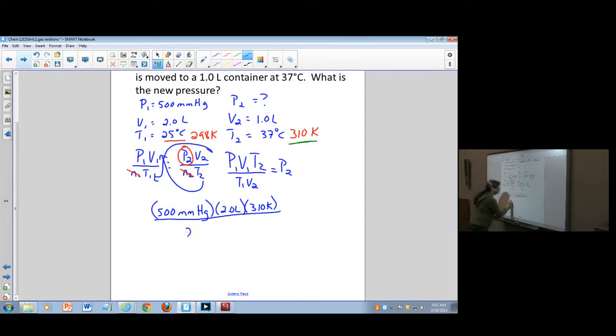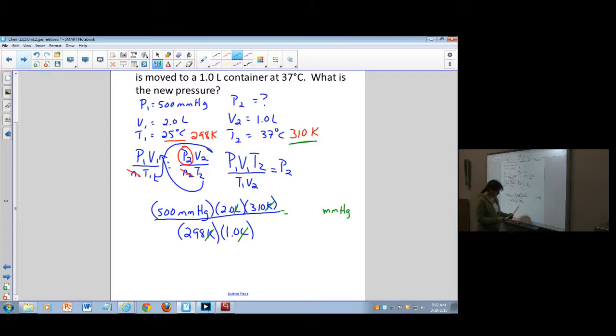T1 is 298 Kelvin. And V2, which is 1 liter. Now let's look just for fun at our units. Liters drop out, Kelvin drops out, and I have some millimeters of mercury as an answer, which makes me happy.